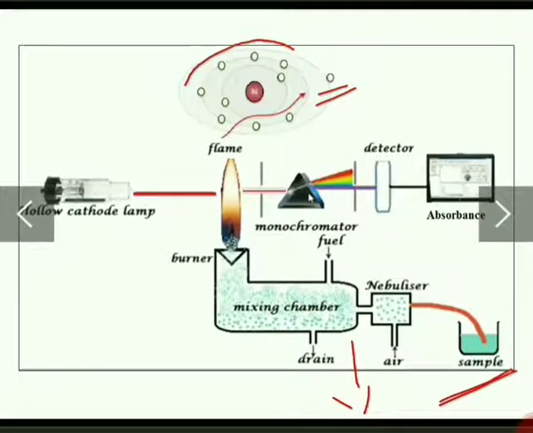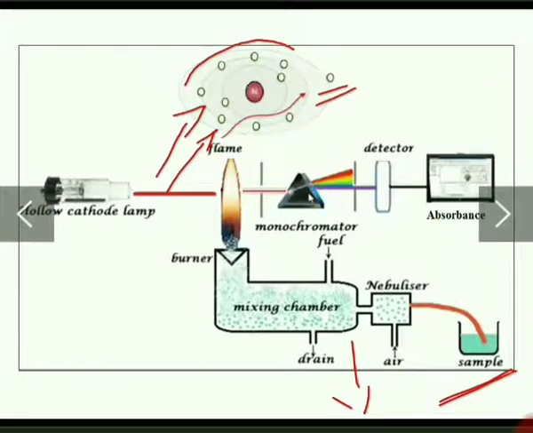So we are concerned with the unexcited metal atoms. These unexcited metal atoms take up energy from the light radiation coming out of the hollow cathode lamp and get excited.